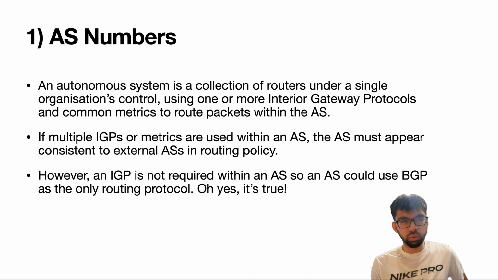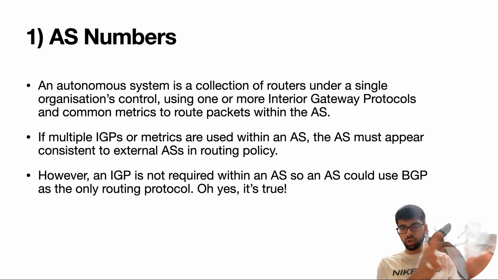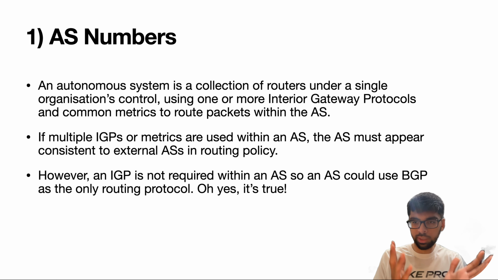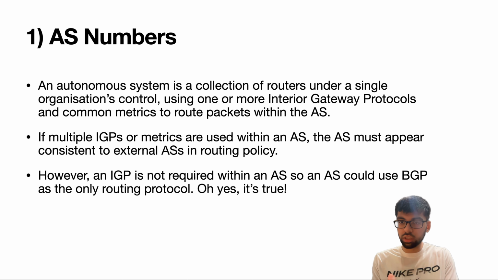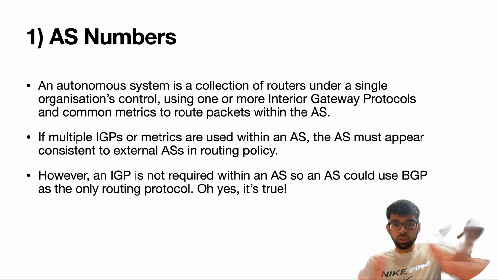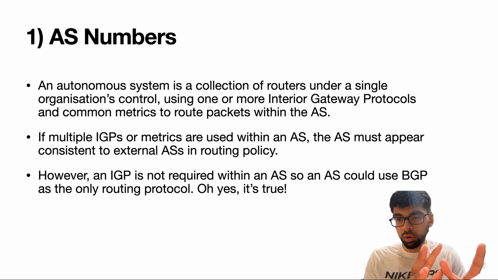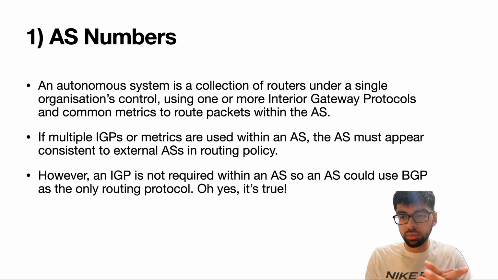For example, you have an organization, let's say Starbucks, or in the UK we have Costa Coffee, which is a British coffee shop chain. Now Costa or Starbucks will probably own an autonomous system, or maybe even multiple autonomous systems.